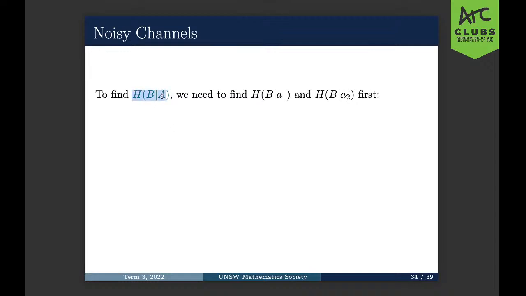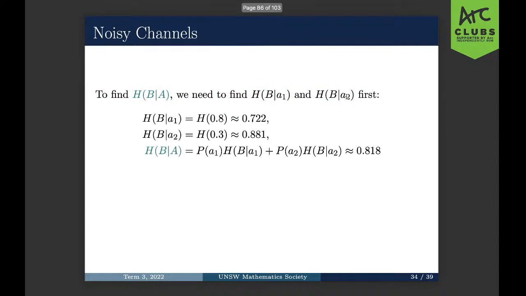And to find the second part that we needed for the mutual information, we need to find these two values first. Remember, this was a weighted sum of these two based on the probabilities P(A1) and P(A2). And we see that this thing here is going to be h of 0.8.